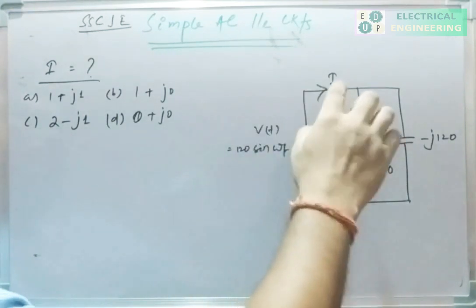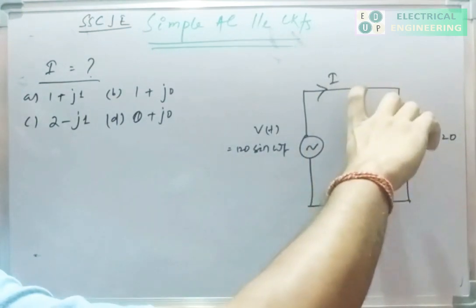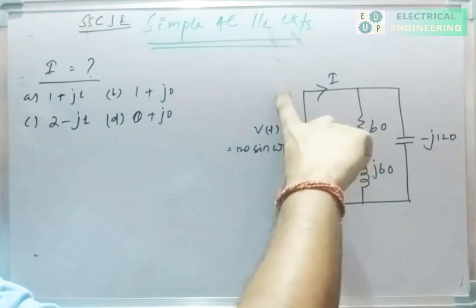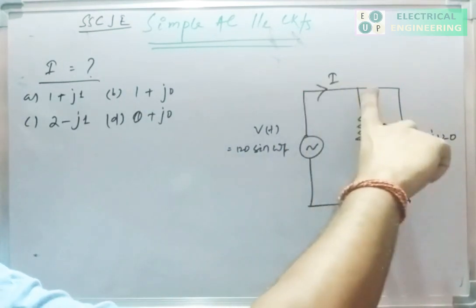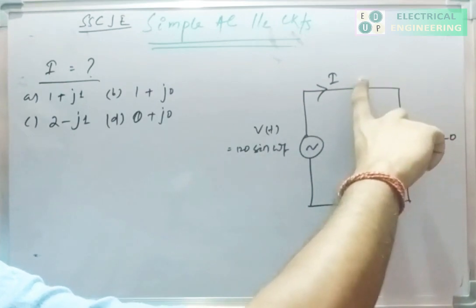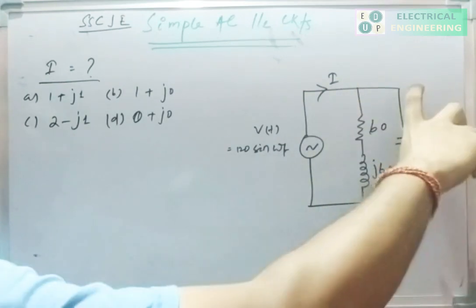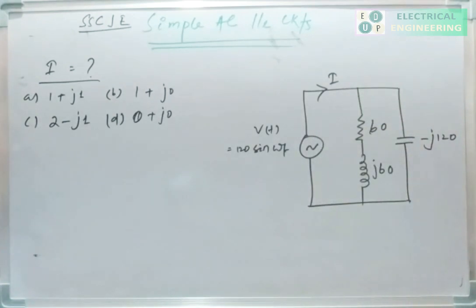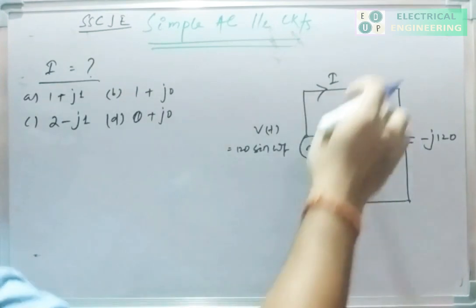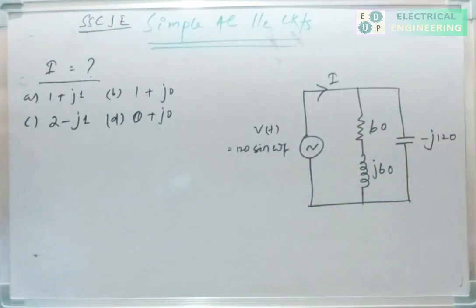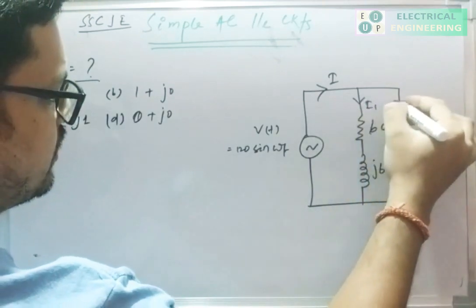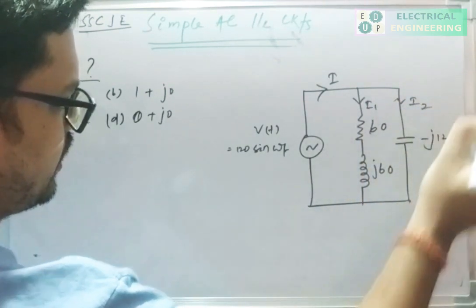See here, I is distributed among this branch and this branch, and the voltage of 120 is parallel to this RL branch and parallel to this capacitor branch. So we can find the currents very easily. First, in this branch the current will be I1 and this may be I2.